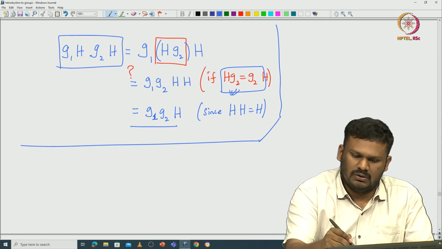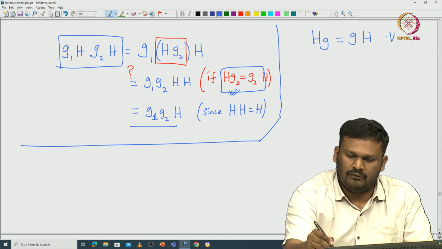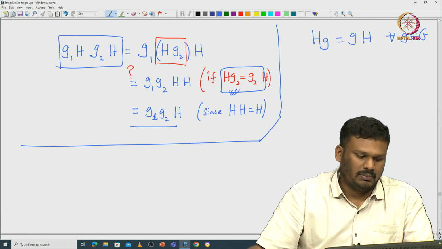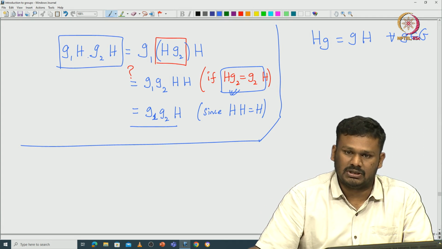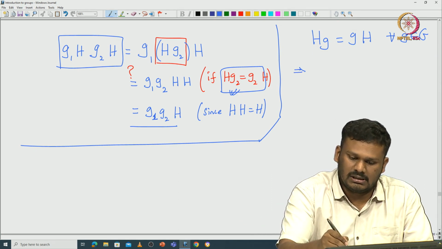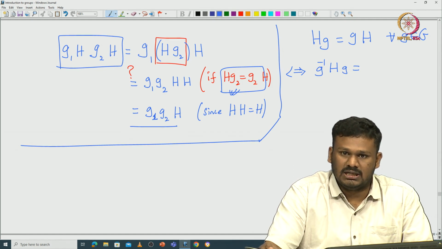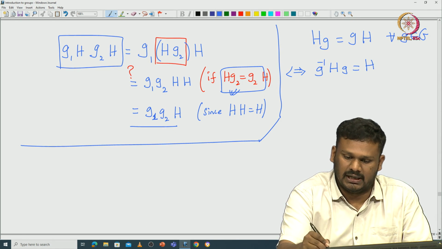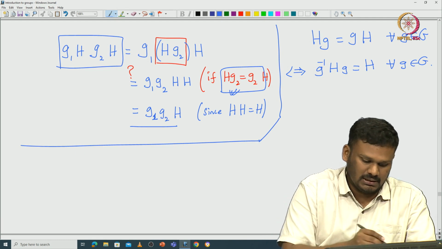We want this right coset Hg to be equal to the left coset gH for all g in G, because here g1 and g2 are two arbitrary elements chosen from capital G. But if you really think about it, this is equivalent to saying that if you consider the conjugation of this H by this g, then g inverse Hg must be equal to H for all g in G. This is what motivates us to define normal subgroups.